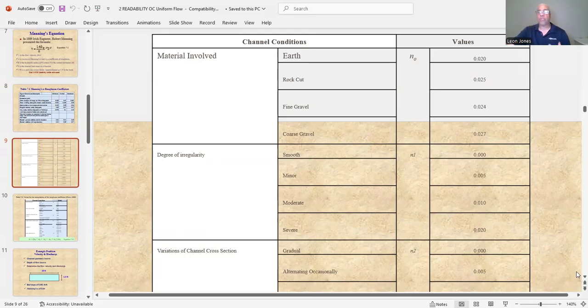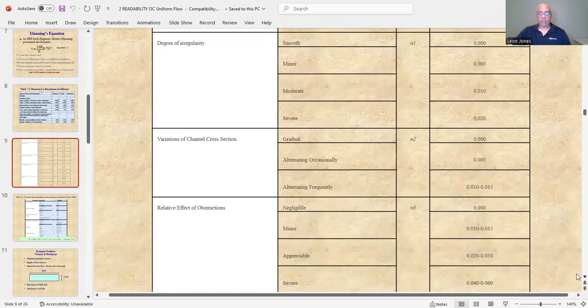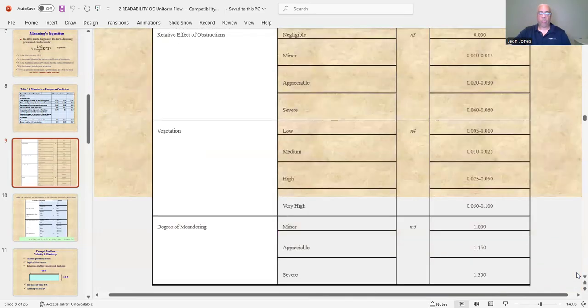Now, you will find this a lot if you're doing water resources engineering, environmental engineering as well. This is why you have to know fluid mechanics if you're going into civil engineering. You'll have this little chart right here. So I show you all the way at the bottom.